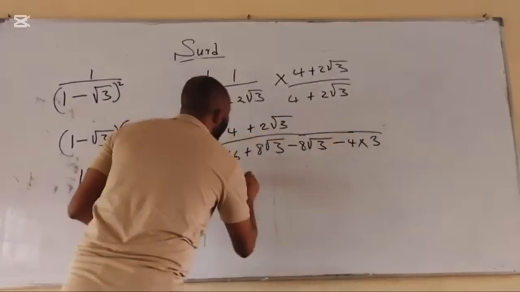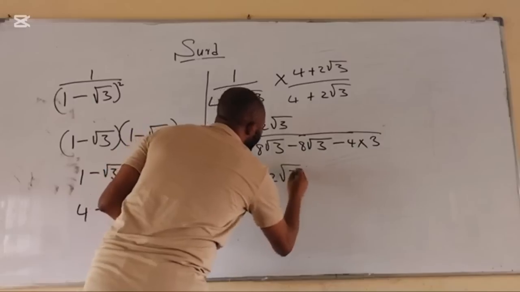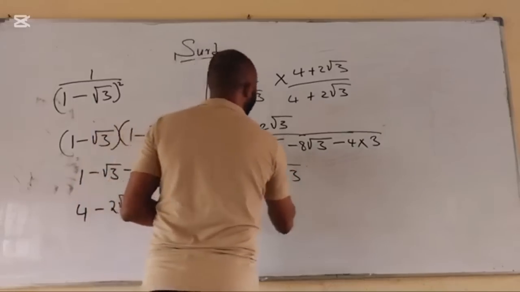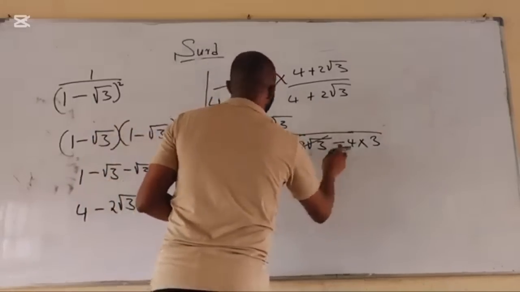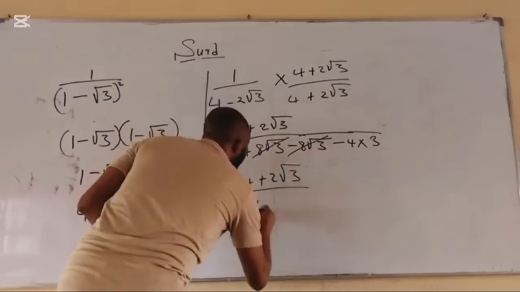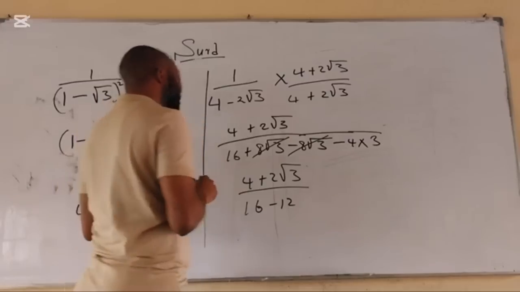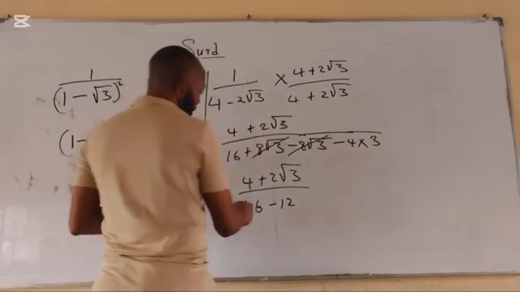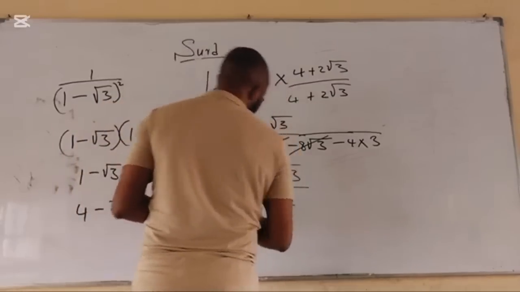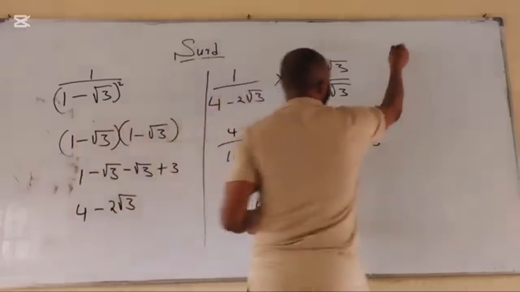So I come back here, I have 4 plus 2 root 3. Now this and this are the same, I cancel these two. This is 16 minus 12. 16 minus 12 is 4. So I can easily come here.